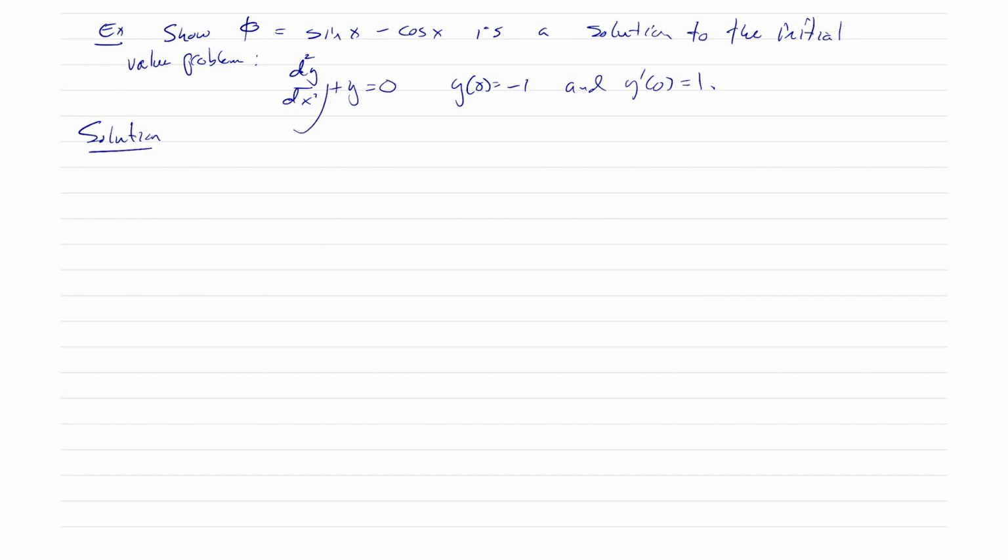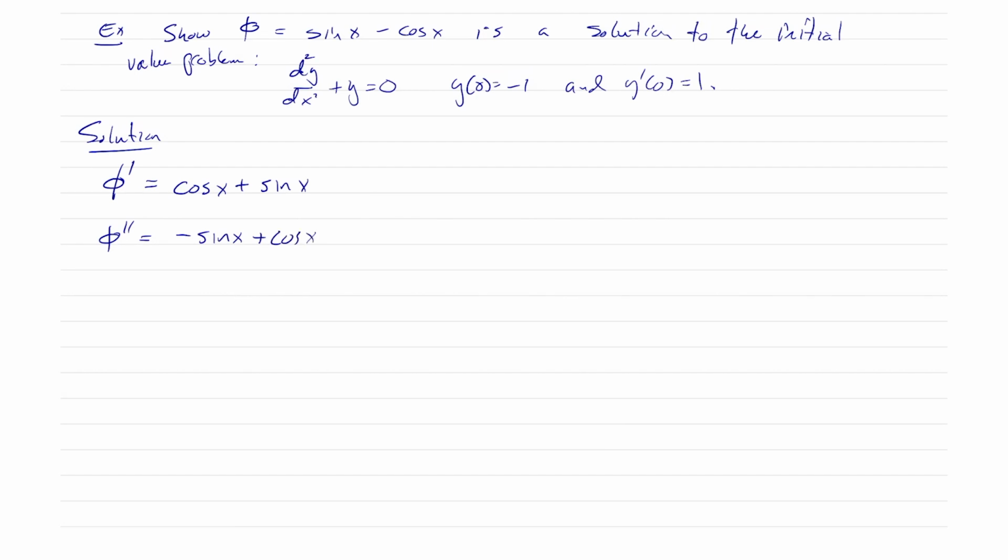So we need to plug in phi to make sure it even solves this differential equation in the first place. That means we're going to have to take derivatives of phi. So phi prime is going to give me cosine of x plus sine of x, and phi double prime is going to give me minus sine of x plus cosine of x.